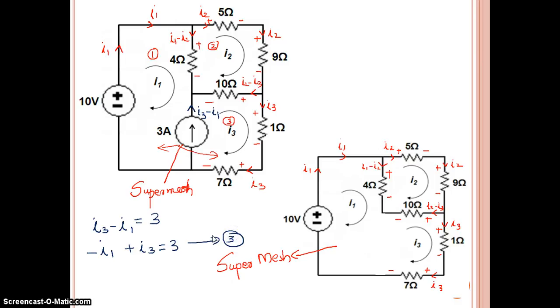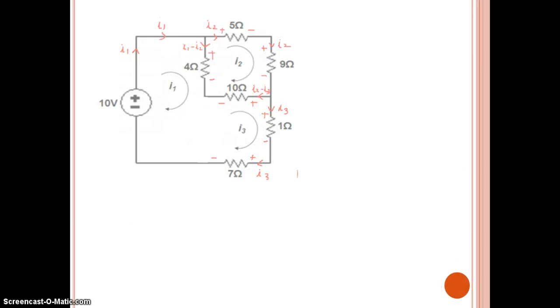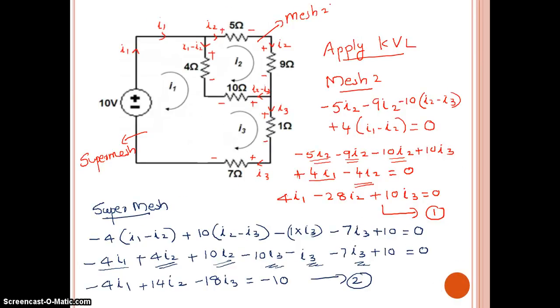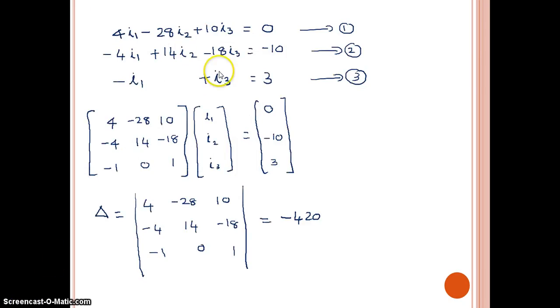Already we have equation 1 and equation 2. This is equation 1 and this is equation 2, and now we got equation 3. Now we can solve this problem. The 3 equations and 3 unknowns we can solve by using the matrix method.